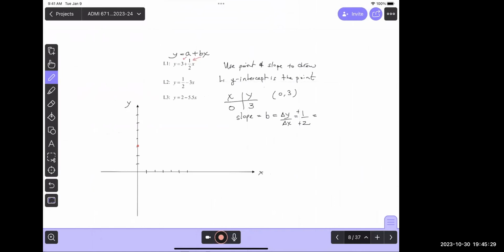So I don't know if you guys know, rise over run. So I begin here. And I'm gonna go over 2 and up 1 and make another dot here.